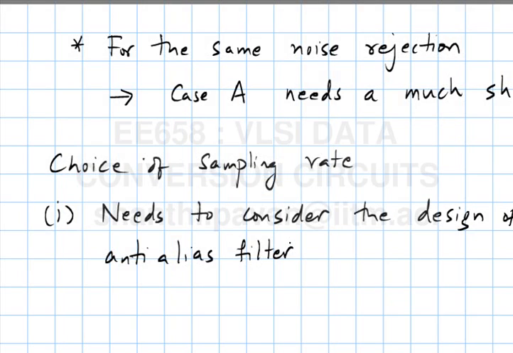Nyquist is telling you that if the signal has a bandwidth B, you can sample at a rate as low as 2B. But that's only possible if you have an anti-alias filter which is infinitely sharp.